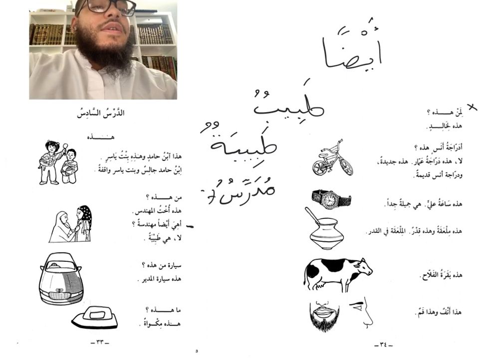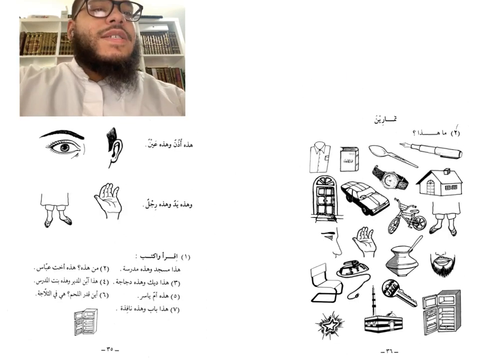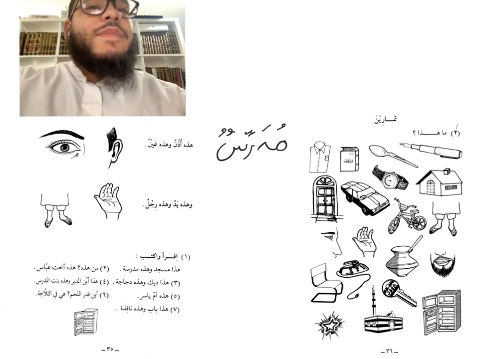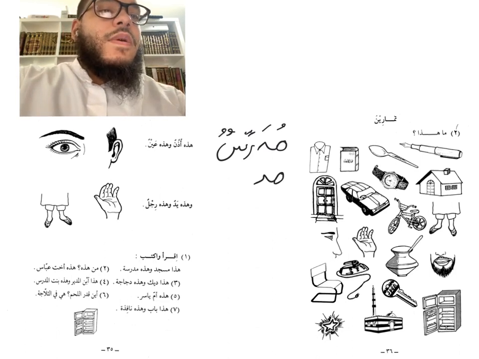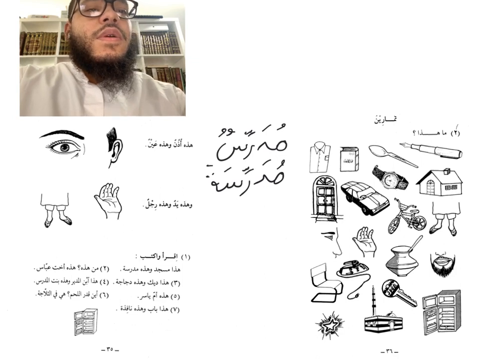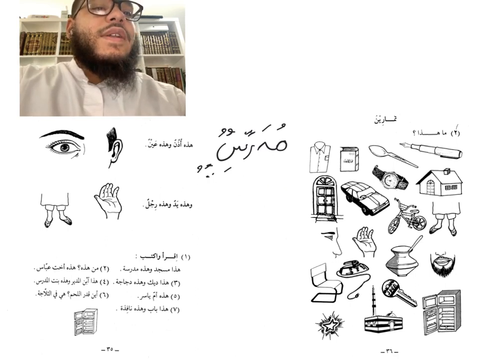Just add the ta marbuta at the end. So if we had the word mudarrisun and I want to make it feminine, it becomes mudarrisatun, the feminine version of that noun.